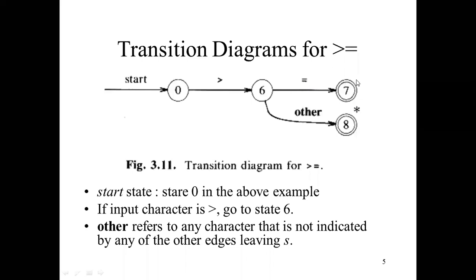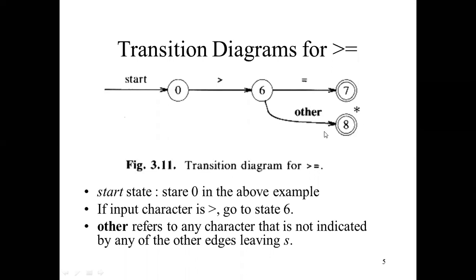Here you will get the final state, the accepting state, and here you will get greater equal. This will go to the other side. So suppose you want another activity, then you can extend this branch.